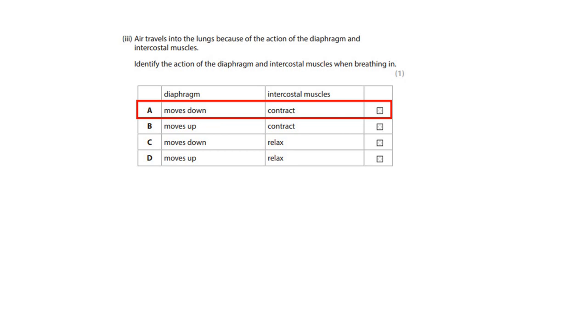So the intercostal muscles contract, which causes the rib cage to move up and out. The diaphragm contracts and moves down, and therefore the volume of the thorax increases, which decreases the pressure, which causes air to flow in.